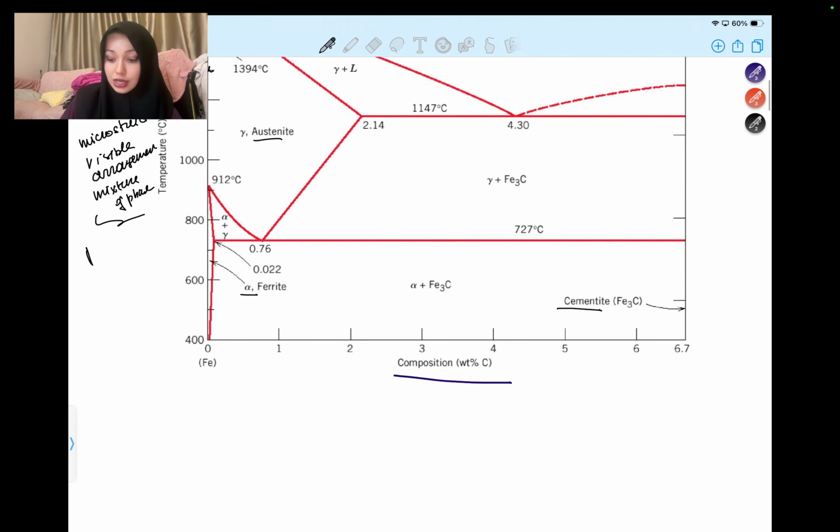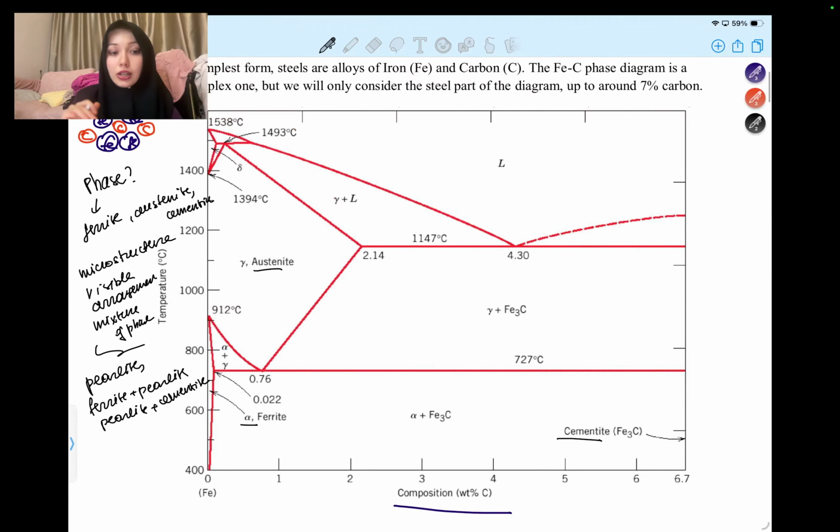We can have pearlite, or ferrite plus pearlite, or pearlite plus cementite. So these are the types of microstructures that you are going to encounter in the iron carbide diagram. A lot of people think that pearlite is also a phase, but it's not a phase, it is just a microstructure.